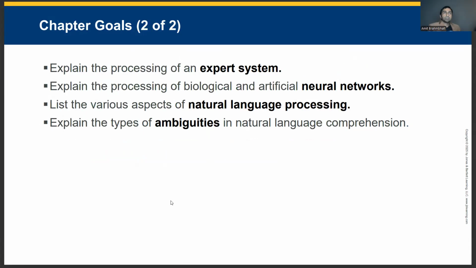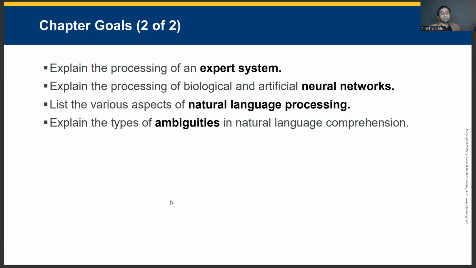Slide 3, Chapter Goals, 2 of 2. In the second set of goals, we focus on expert systems, programs designed to capture expert-level decision-making using rules. We'll also explore biological vs. artificial neural networks and how machines learn from examples.